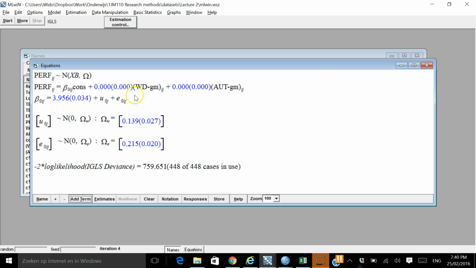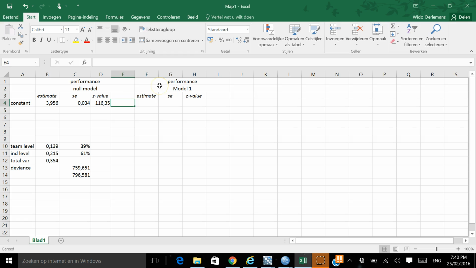So now we have two variables that are measured on the lowest level, and we have to run the model again, so we press start. We see that something changed. So let's go to Excel and add these values. I set up the first model, model 1, and we can compare this model to the null model.